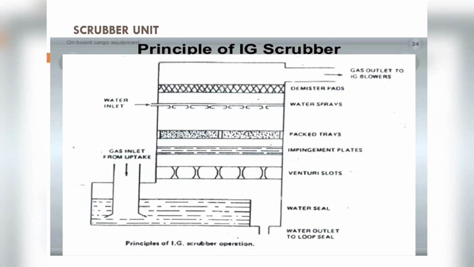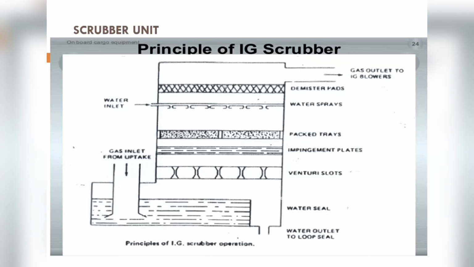These are baffle plates at different levels covering each other, forming a zigzag path for the water and the gases. The temperature of the gases is reduced to approximately 5 to 6 degrees more than the seawater temperature. So much cooling takes place in this scrubber tower, provided I have the set pressure of seawater as described in the IG manual.